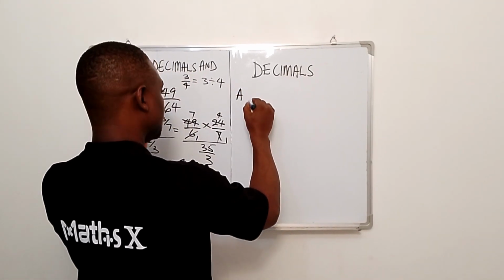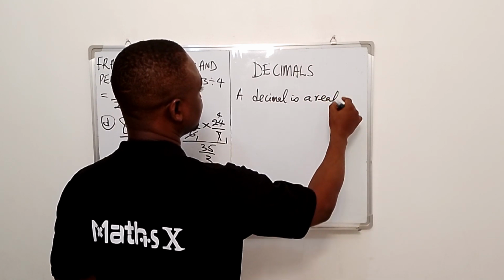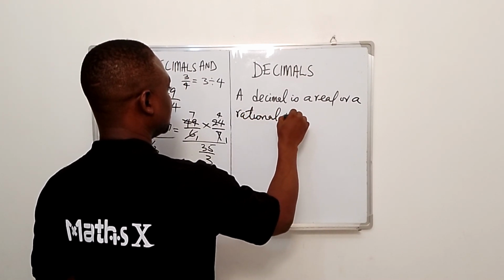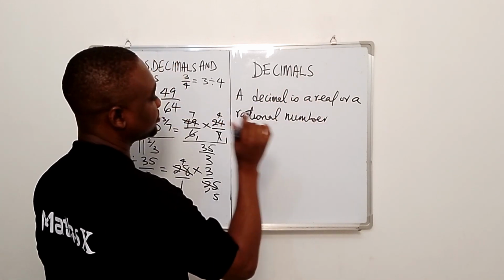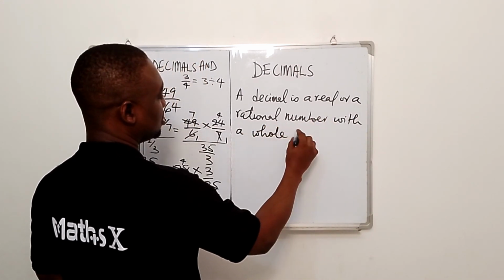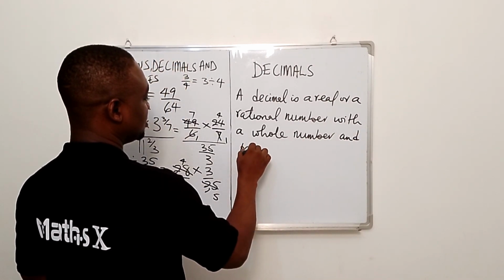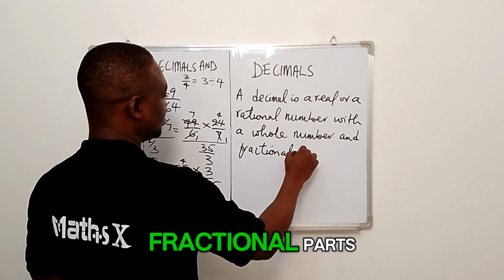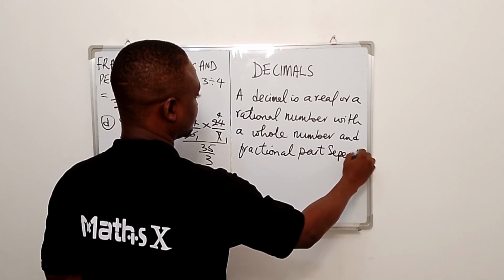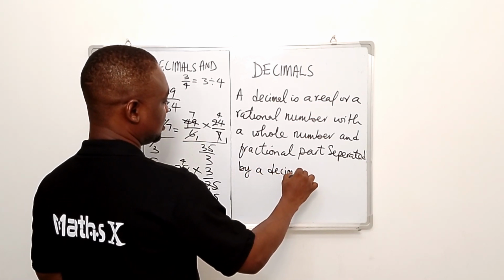So a decimal is a real or a rational number with a whole number and fractional parts separated by a decimal point.